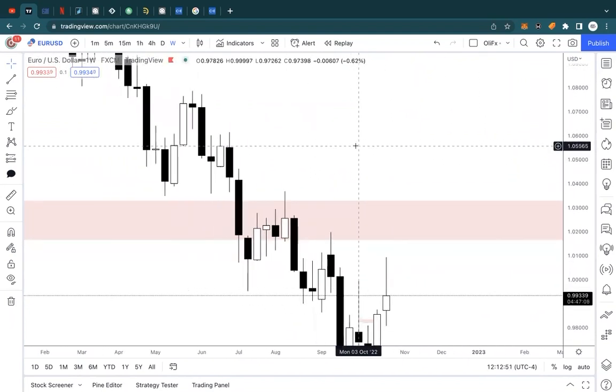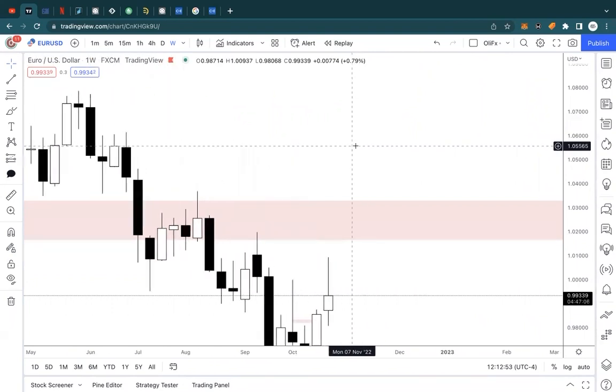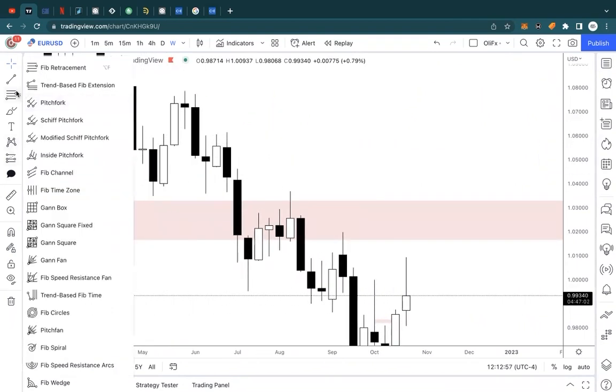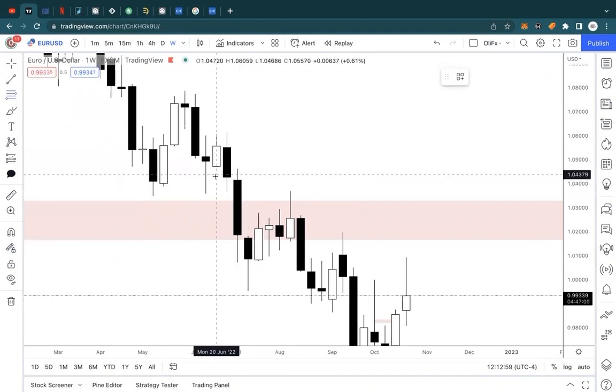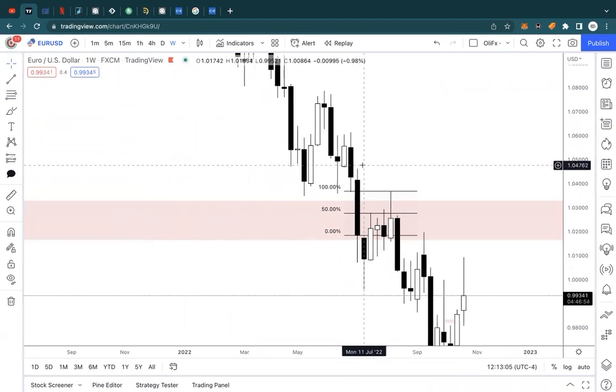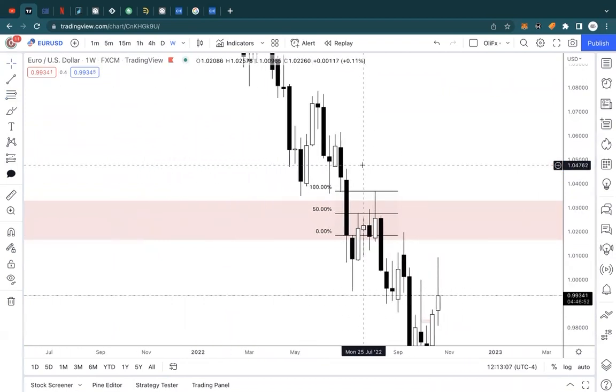On EU Weekly here, let's use the fib. This one here, guys. Basically, what you're looking for here, we're not using fib how you'd normally use it.